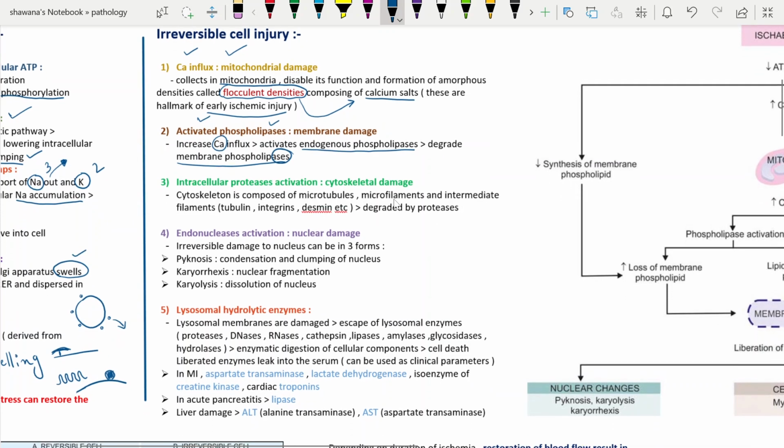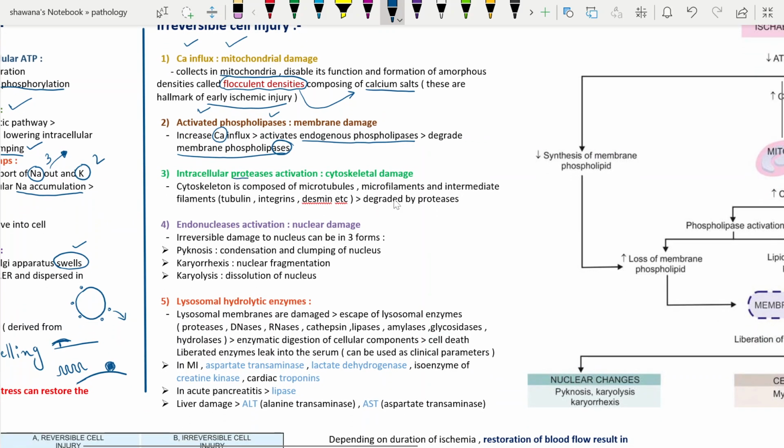Okay. The third one is intracellular protease activation. Mainly here the enzymes get activated due to the calcium influx. The second enzyme is the protease. Protease, as the name suggests, functions to destroy proteins, and proteins are present inside the cytoskeleton.